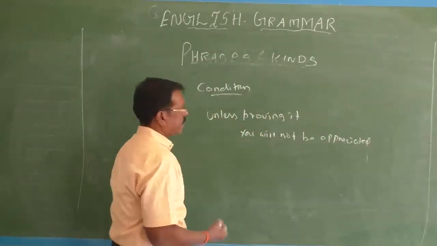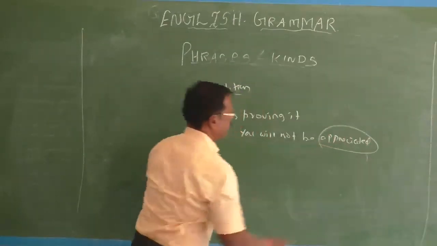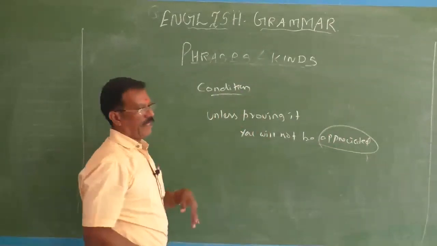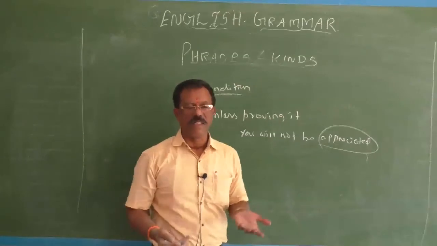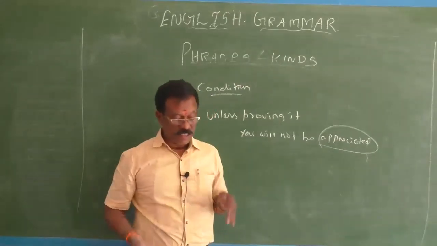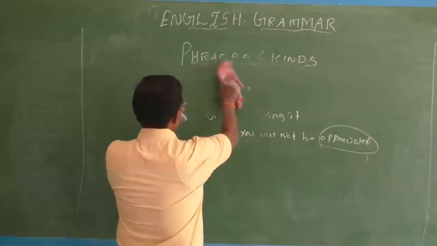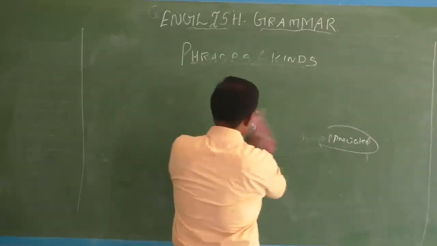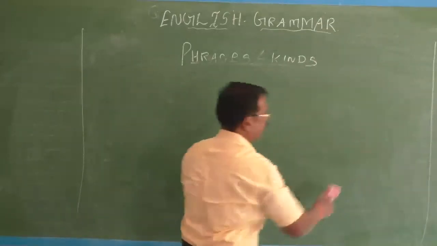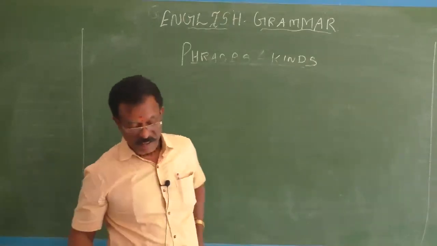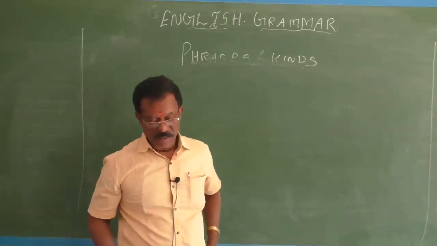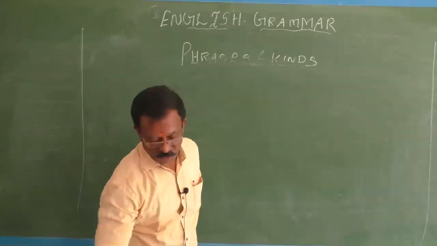What is the condition for appreciation? That is a verb, unless proving it. As it gives a condition here, this is called an adverbial phrase of condition. Mostly you know that conditional clauses are introduced by if or unless. Then adverb phrases of manner and purpose also.